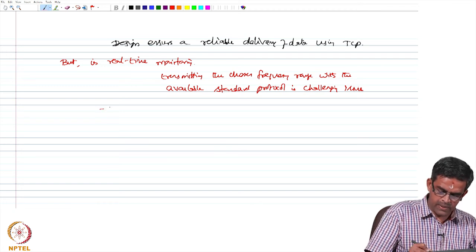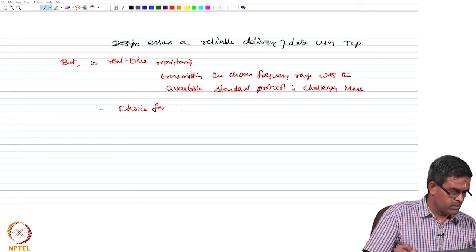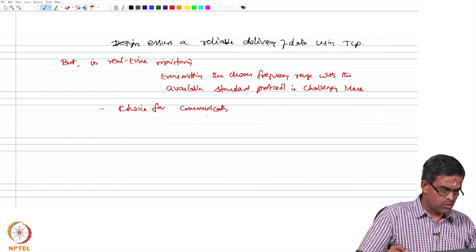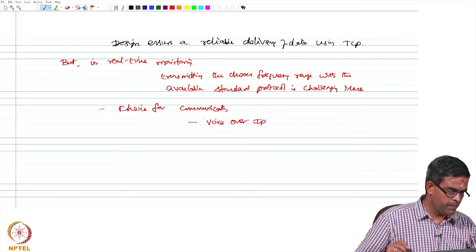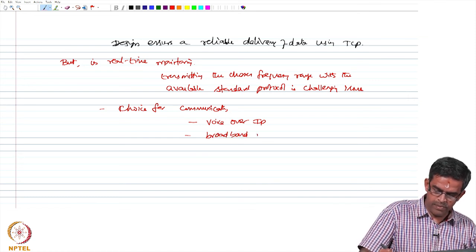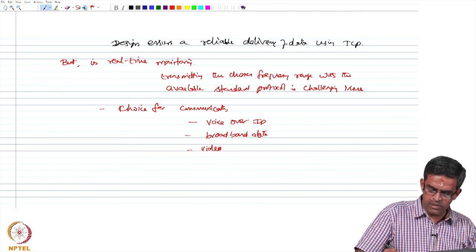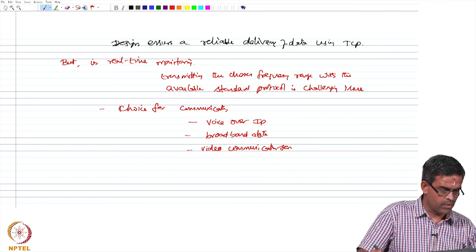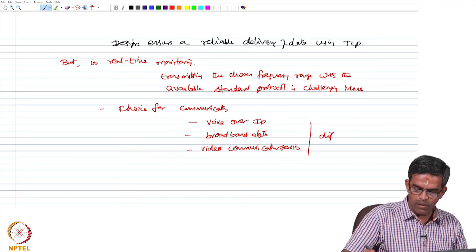So, in those cases the common choice for communication should be voice over IP, broadband data and video communication services with different topologies of sensors.